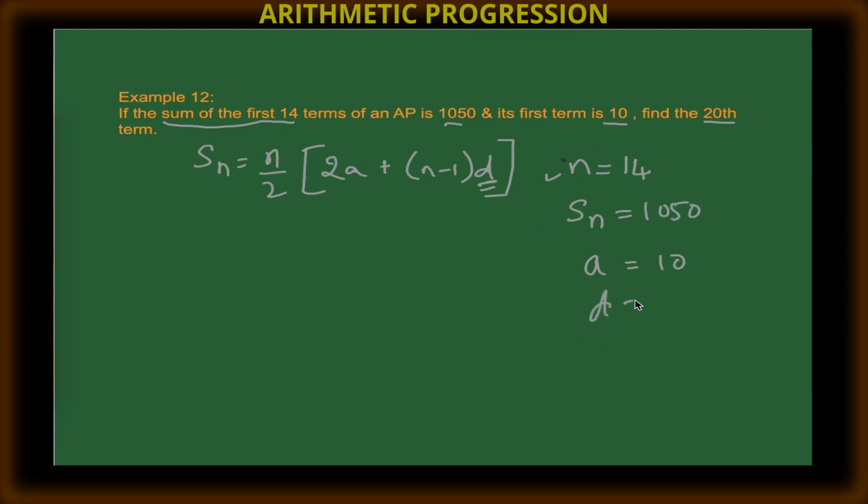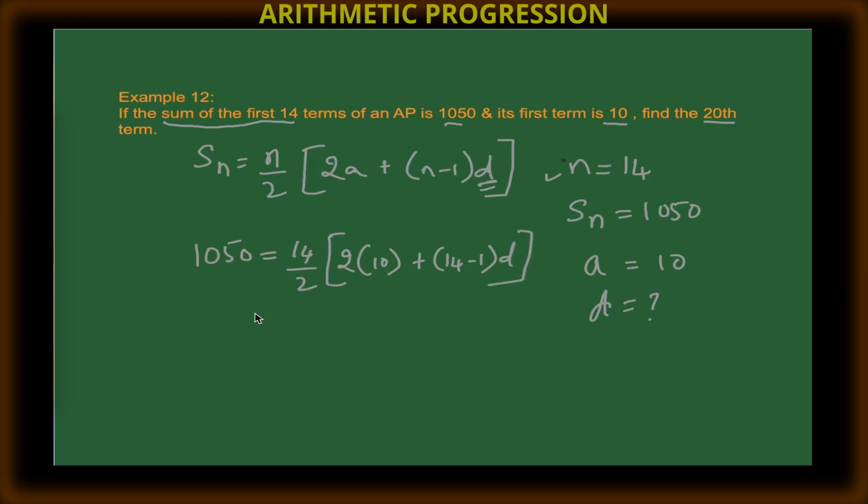So let's try to replace the values here. Sn is equal to 1050. n is equal to 14, divided by 2. 2a, A is equal to 10, plus 14 minus 1. d is unknown, so let's keep it the same.